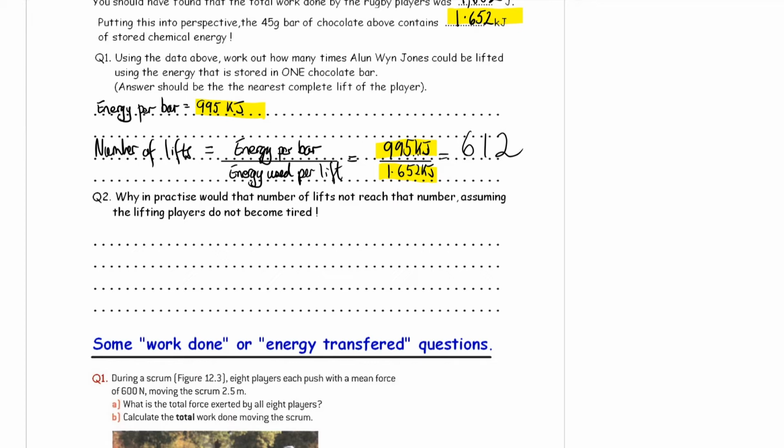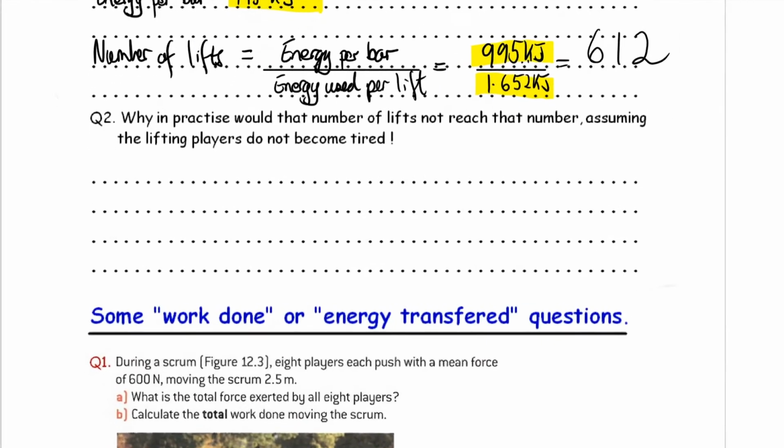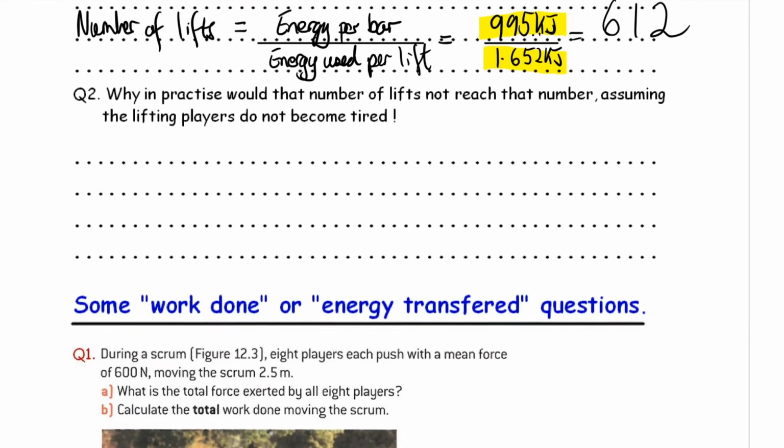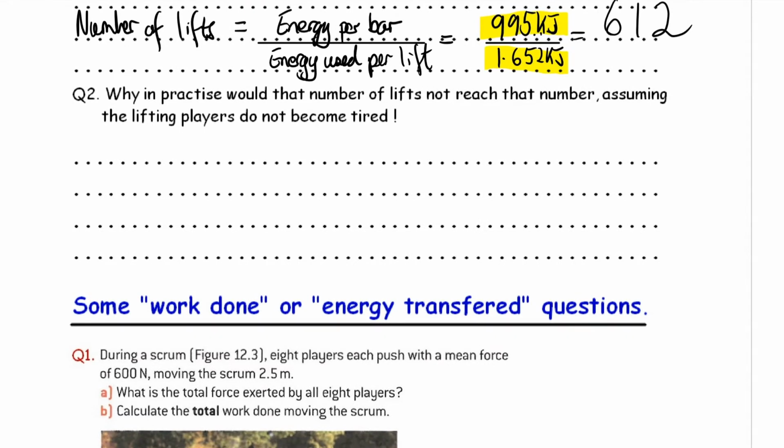Underneath it says, why in practice would that number of lifts not reach that number, assuming the lifting players do not become tired? In other words, what is asking, why in reality can't you lift Alan Wynne Jones 612 times from the energy of that chocolate bar? It's to do with wasted energy.